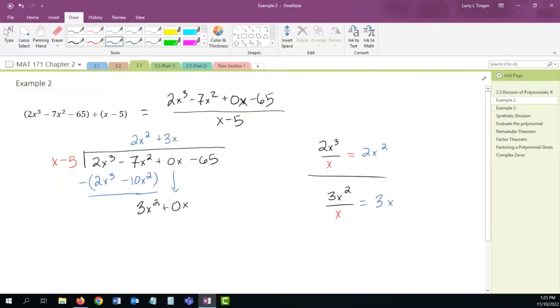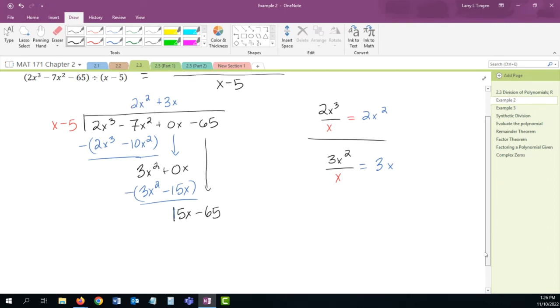Or what times x gives me 3x squared? 3x does. 3x times x, 3x squared, 3x times negative 5, negative 15x, subtract. 3x squared minus 3x squared is 0. 0 minus negative 15x becomes positive 15x. And then last term, minus 65.